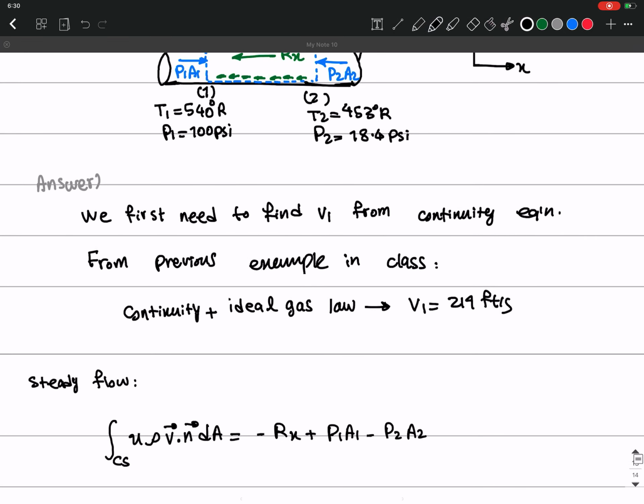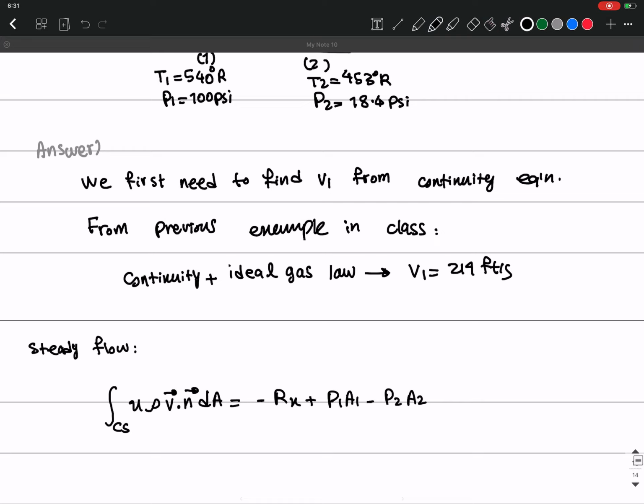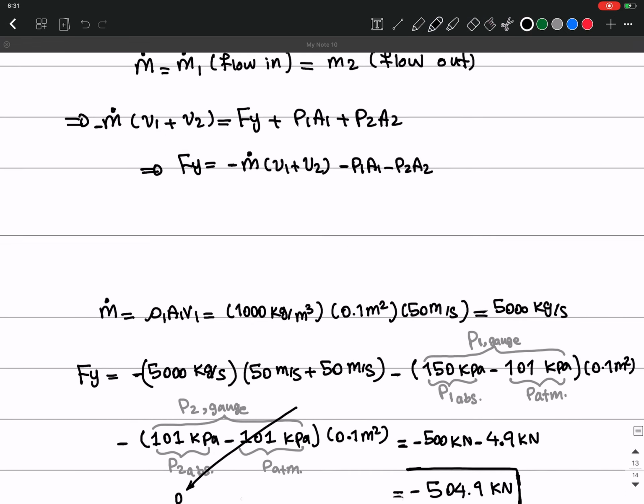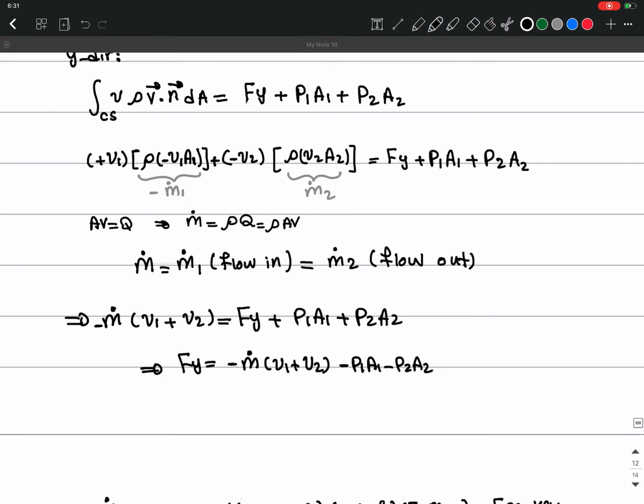And again, for this integral, there are some easier ways for you to remember that. So maybe this integral is a little bit harder, but after you solve some examples, you can come up with a simpler form of that, which is just m dot times v, right?